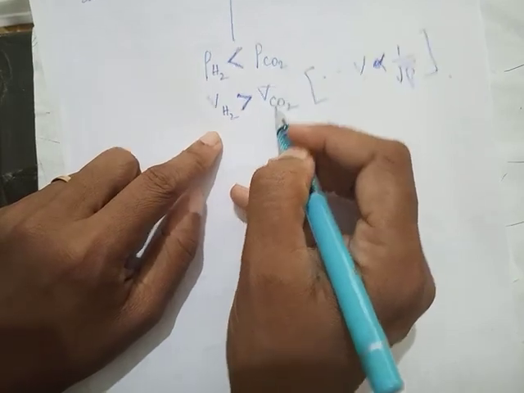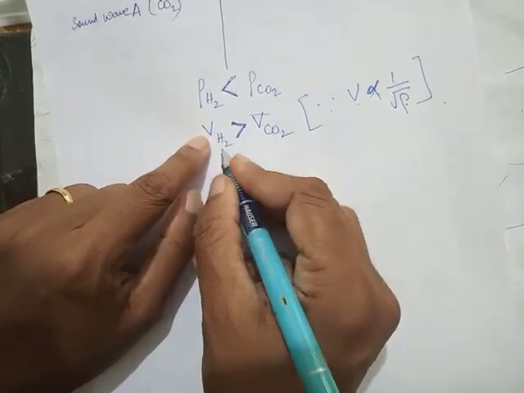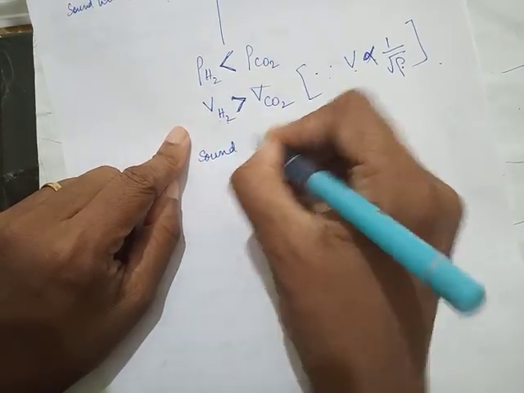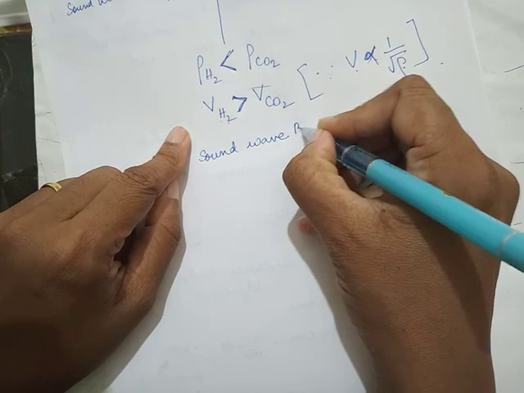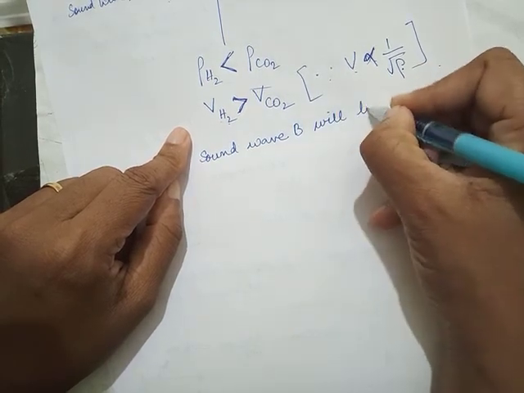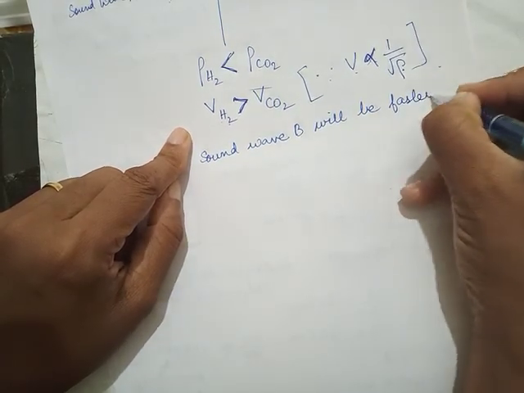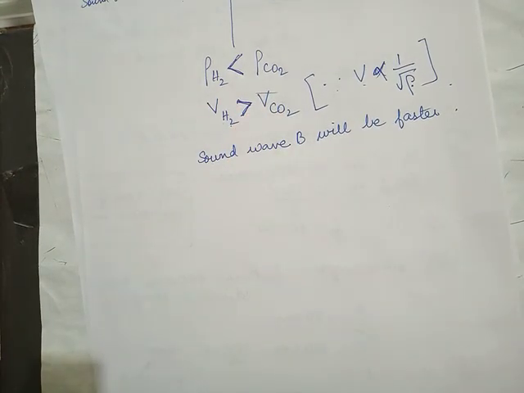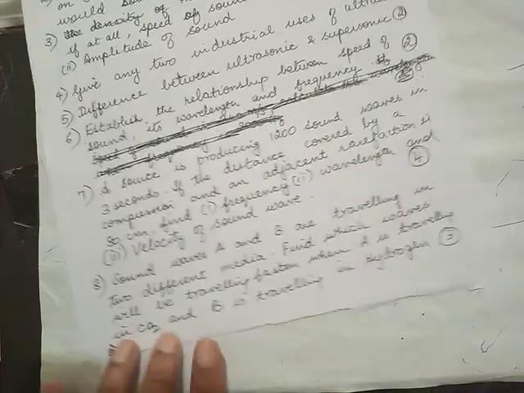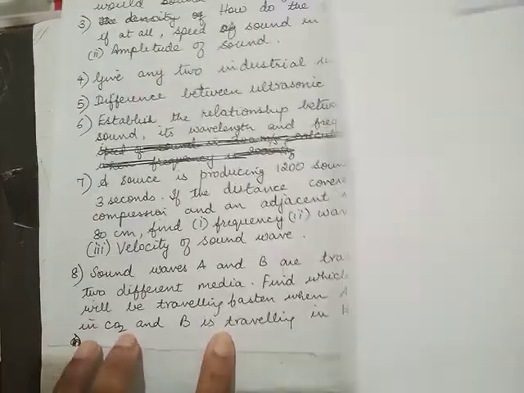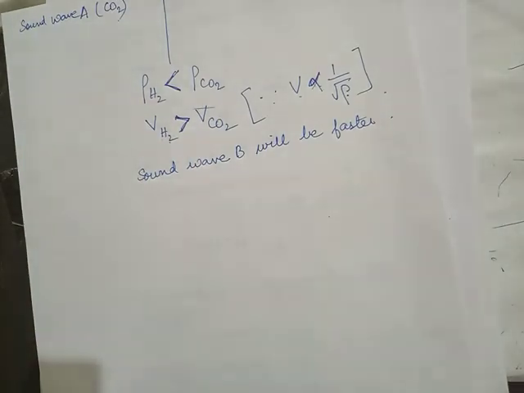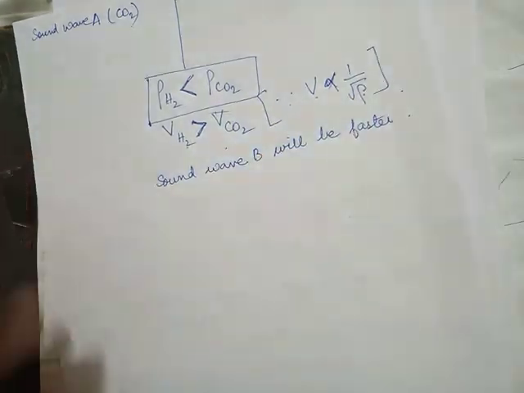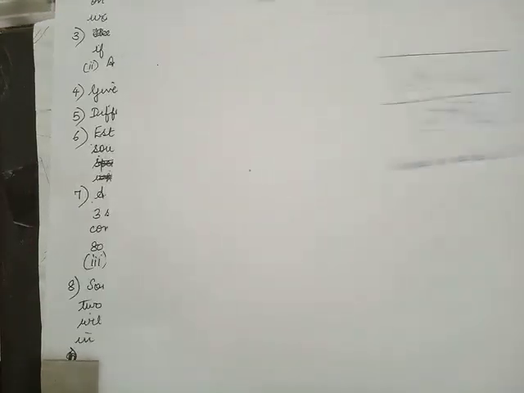So the conclusion is the speed of sound in H2, that is sound wave B, will be faster, because this is greater than that. Is it clear, children? So this is how you have to decide this question. If the numbers are not given, you just compare their densities and then reach this conclusion.